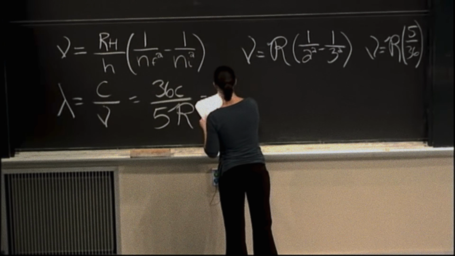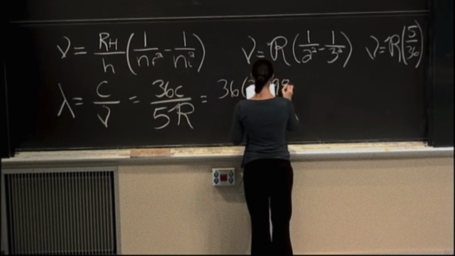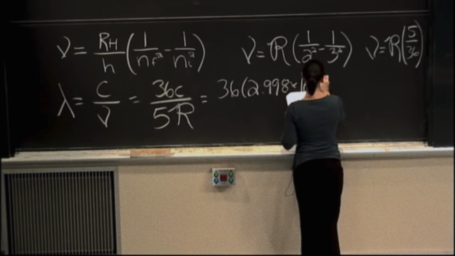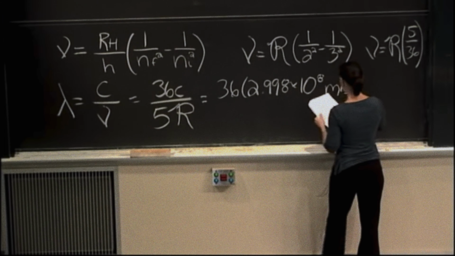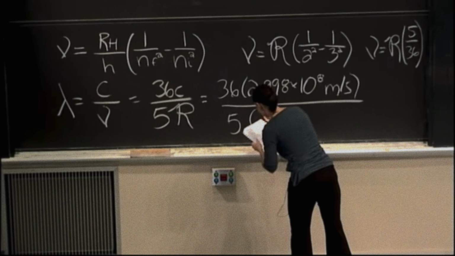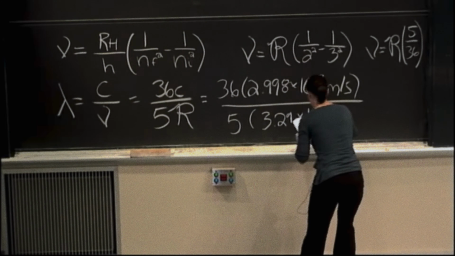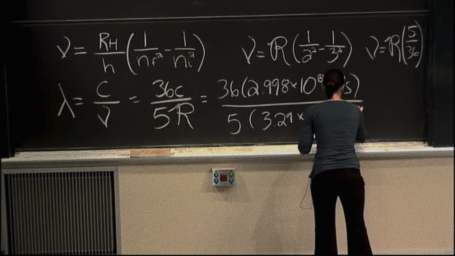And that gives us 36 times the speed of light, 2.998 times 10 to the 8 meters per second, all over 5 times 3.29 times 10 to the 15 per second.